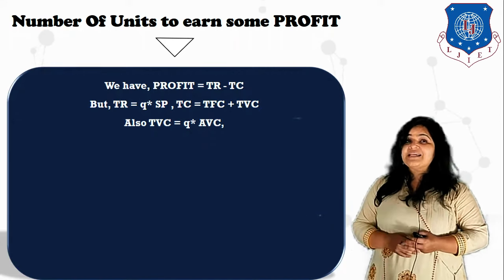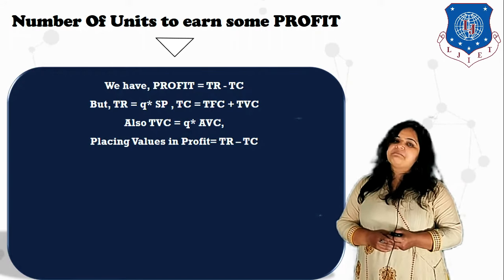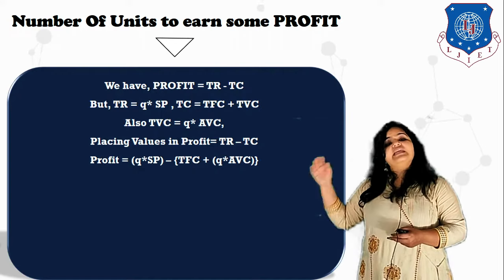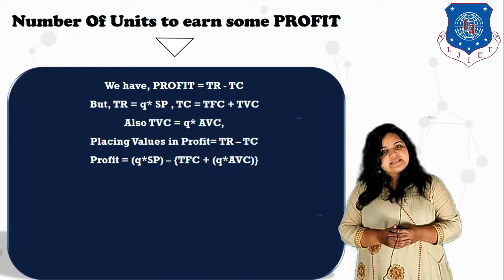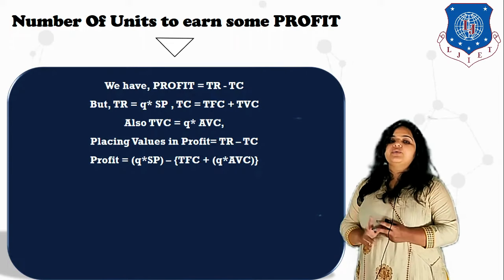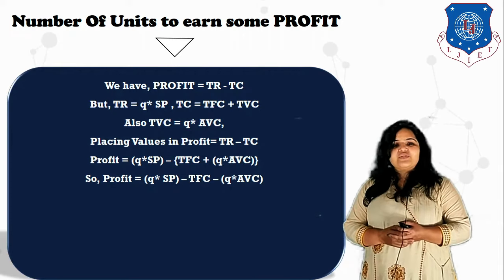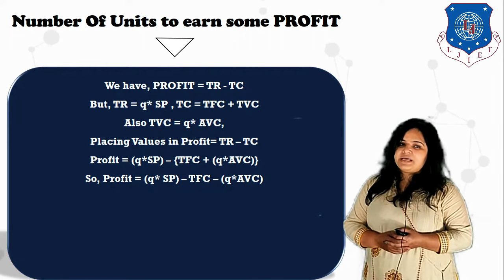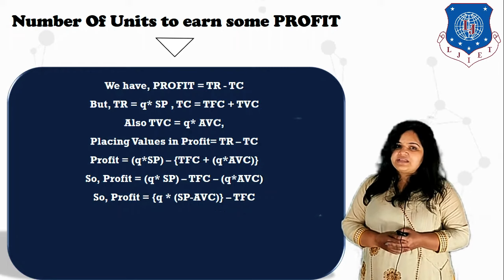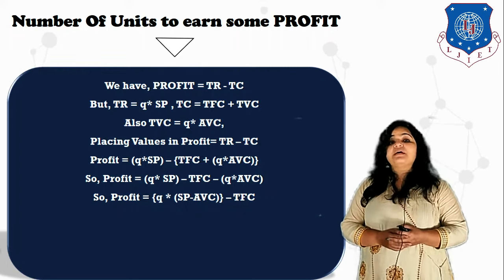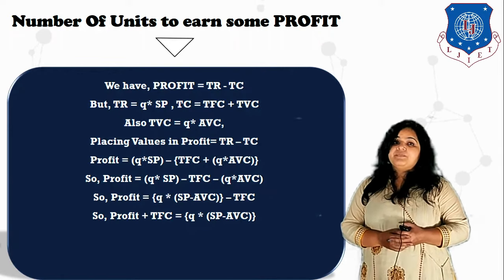Replacing all such things in our formula for profit, where profit is given by TR minus TC, we have profit is equal to Q into SP minus TFC plus Q into AVC. Taking the terms together with Q common, profit is equal to Q into SP minus TFC minus Q into AVC. Taking out Q as common, Q into SP minus AVC minus TFC.